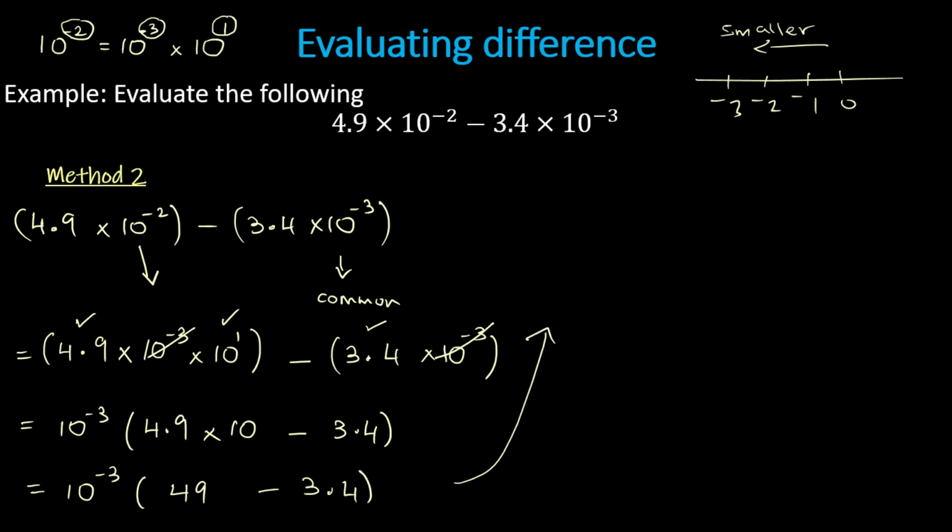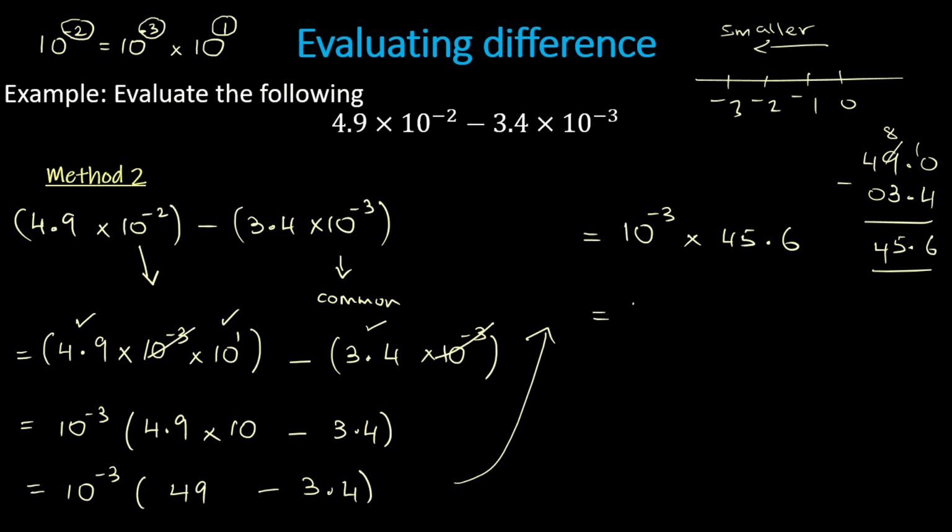I continue there. What is 49 minus 3.4? 49, I subtract 3.4. This is 8, 10 minus 4 is 6, 8 minus 3 is 5, 4 minus 0 of course is 4. So this is simply 10 power negative 3 times 45.6.